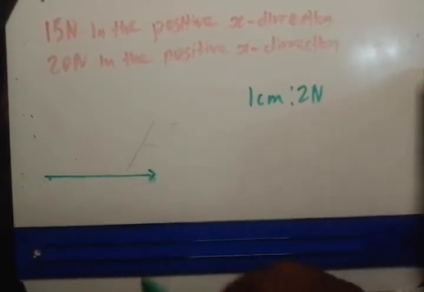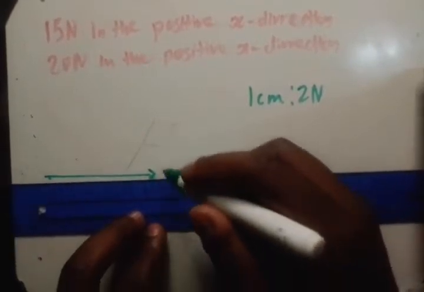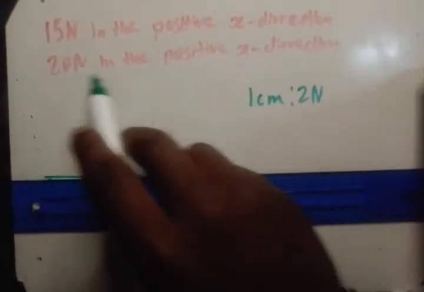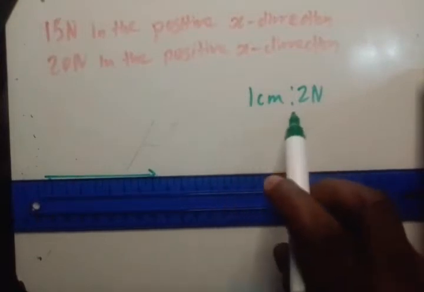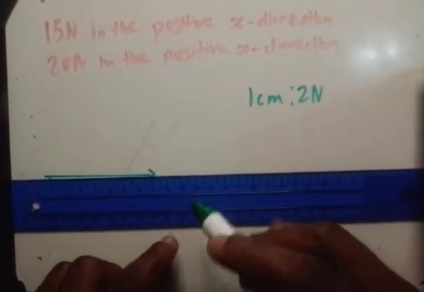Now when I'm drawing another arrow, the 20 newtons arrow, since it's the next arrow, when it comes to the head-to-tail method, the head of one must connect to the tail of the other. That is the head-to-tail method. That's why it's called head-to-tail. So we're going to draw another one, and now we have to measure. Since 1 centimeter represents 2 newtons, I have to draw an arrow of length 10 centimeters.